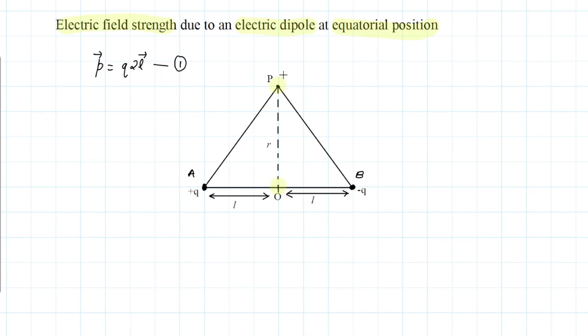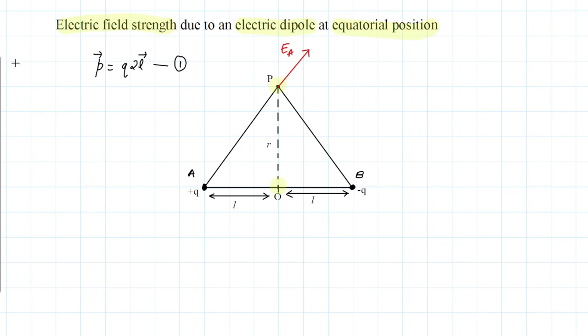The force acting on the test charge will be in this direction. This will be the electric field direction. Let us name it EA, because this is the electric field strength due to the positive charge at A.